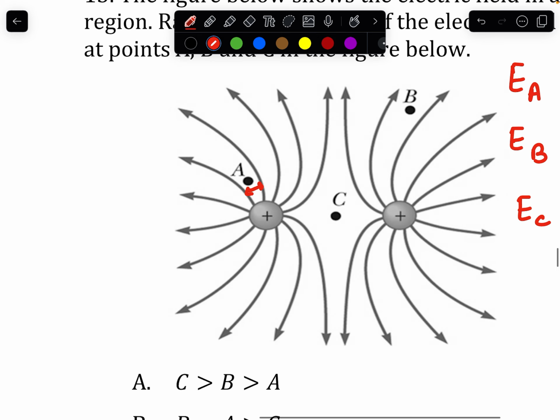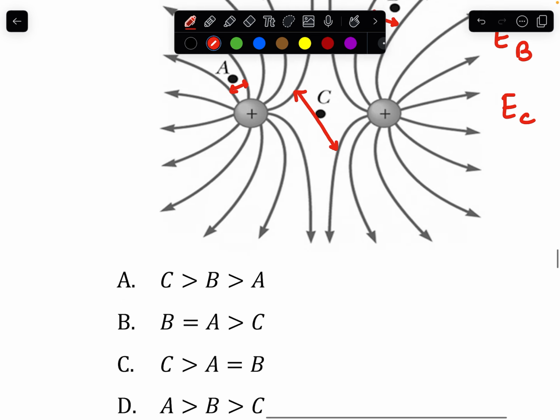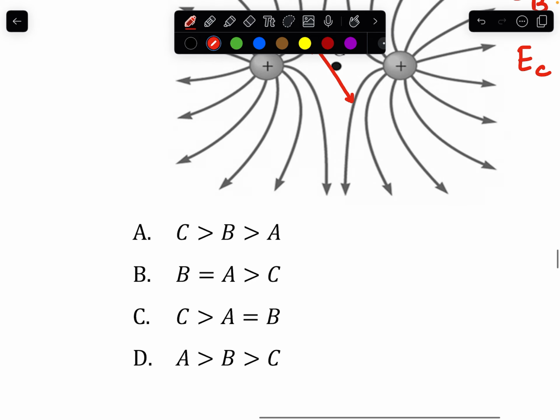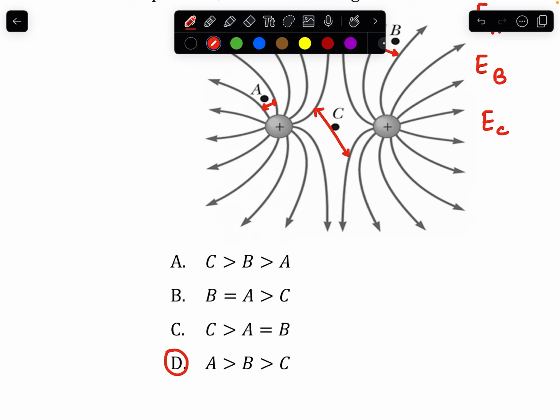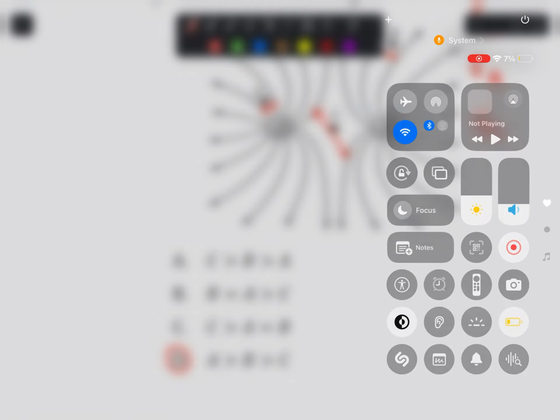So in region A, the distance is very tight, so very big electric field, very strong. Later comes B, and finally the distance at point C, which gives me that A is the largest, followed by B, and on C we have the weakest electric field. Thank you.